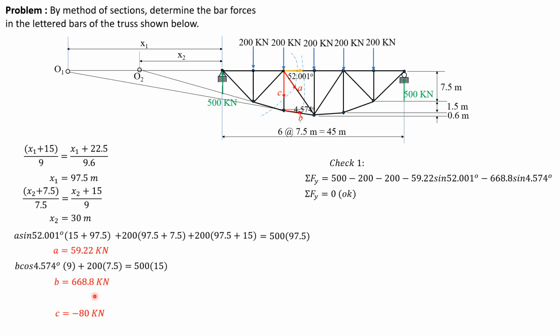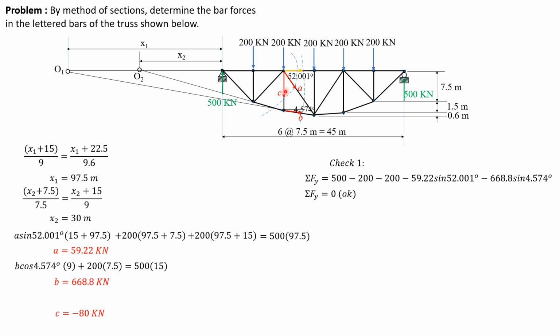Then finally, for C, we consider this section here. There will be 4 bar forces involved: this horizontal member, A, and C. So we sum up moments about O2, the intersection of the line of action of this bar force and the horizontal force.